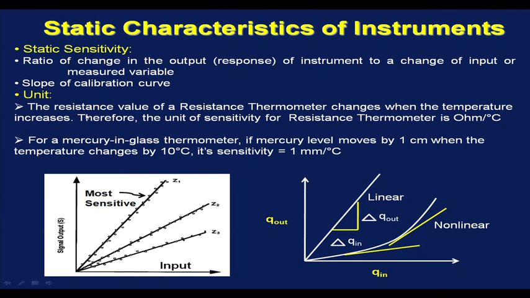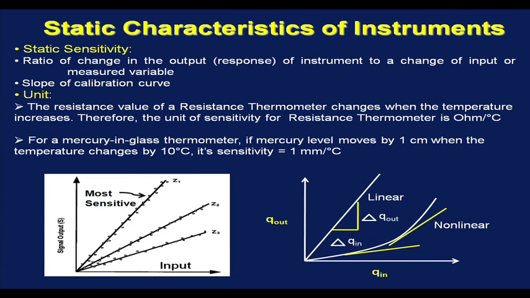Let us define another static characteristic called static sensitivity. This is defined as the ratio of change in the output or response of the instrument to a change in input or measured variable.